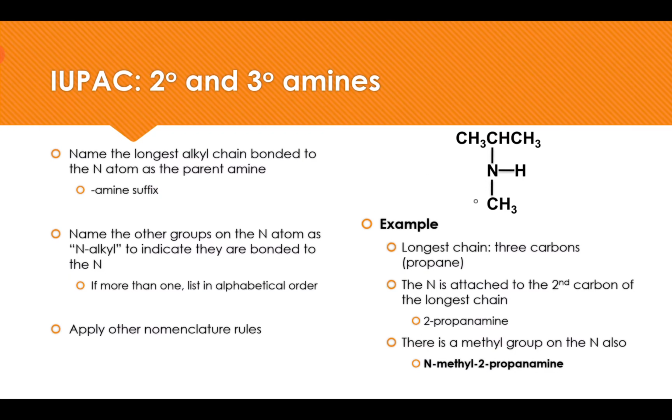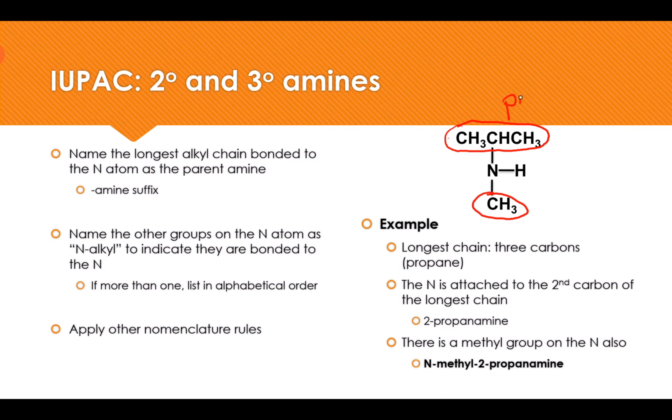Any other carbon chain on that becomes a substituent on the nitrogen. And so, for instance, this molecule here, we have this carbon chain, and we have this carbon chain off of that nitrogen. And so this is going to be our parent chain because that has the most carbons.